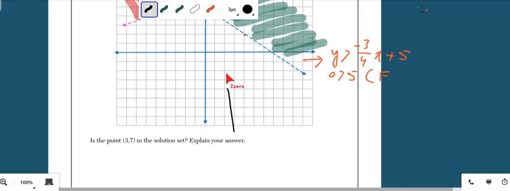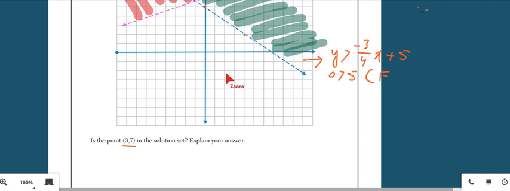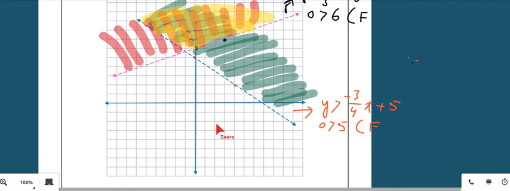Okay, let's move down to the next question. It says, is the point 3, 7 a solution or not? So let's see where the point 3, 7 is. 1, 2, 3, 1, 2, 3, 4, 5, 6, 7. So this is the point 3, 7.